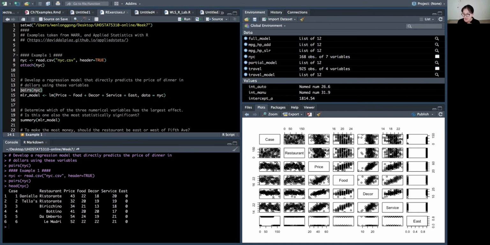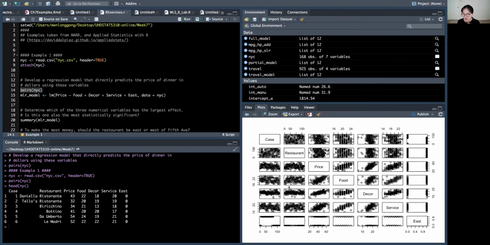This row of plots gives you the one-on-one relationship between your y and each of these x.